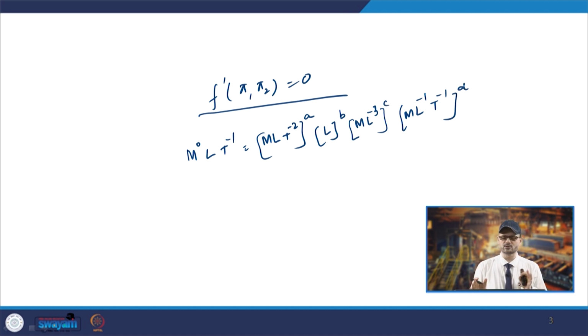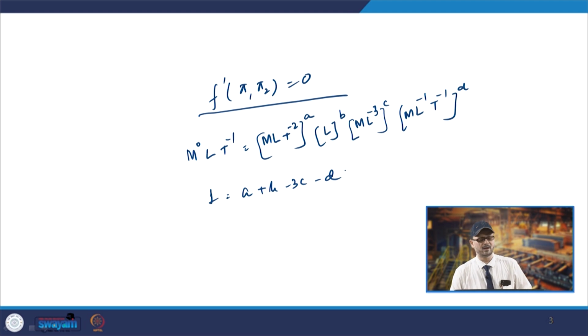Basically, the equation can be equated. So, on this side it is 1, and if you look here, that is a plus b minus 3c minus d. So, 1 will be a plus b minus 3c minus d.